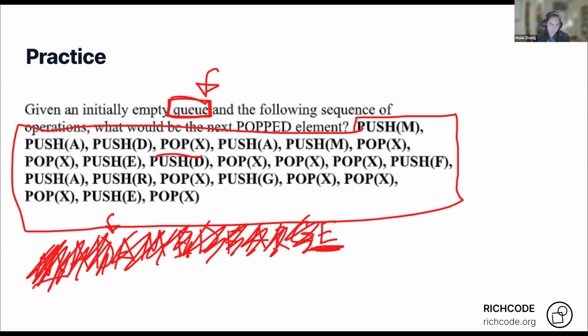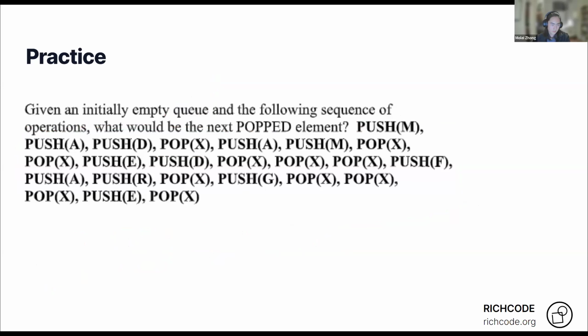So there is a shortcut for this as well. If we count the number of pops, we have 1, 2, 3, 4, 5, 6, 7, 8, 9, 10, and 11. 11 pops, unless I missed any.